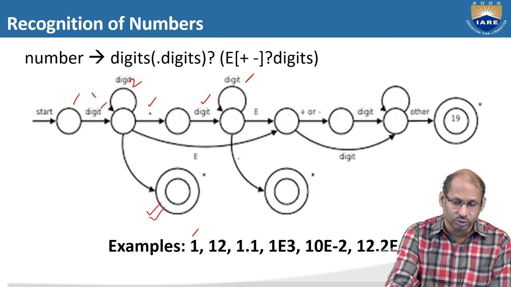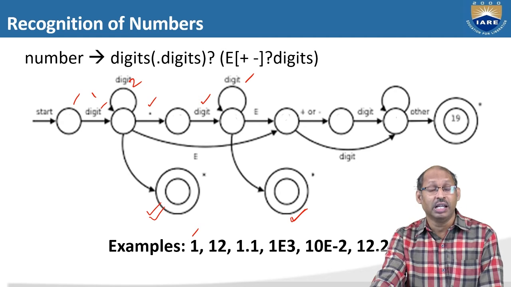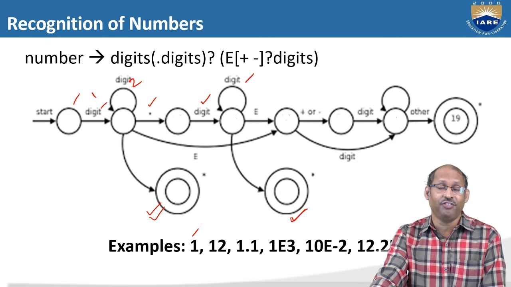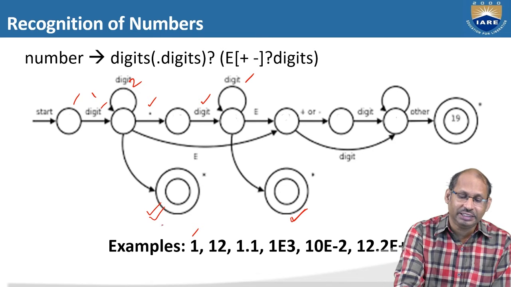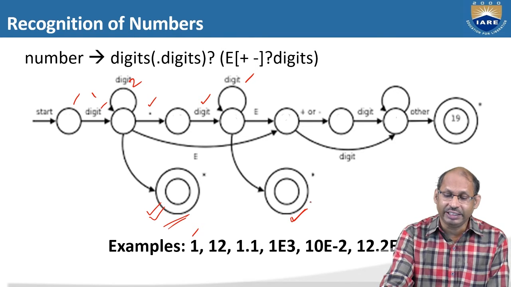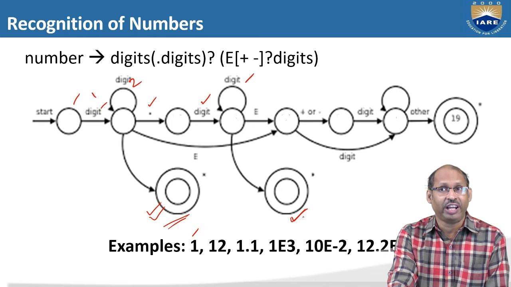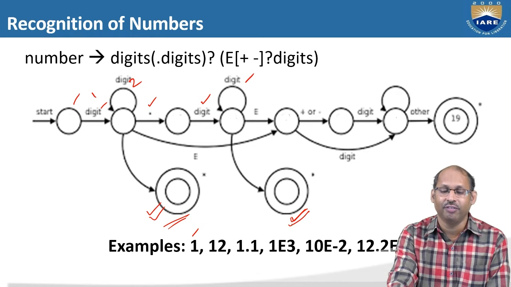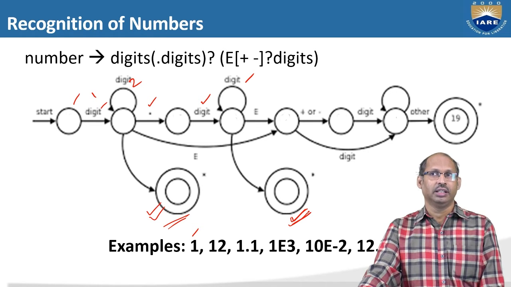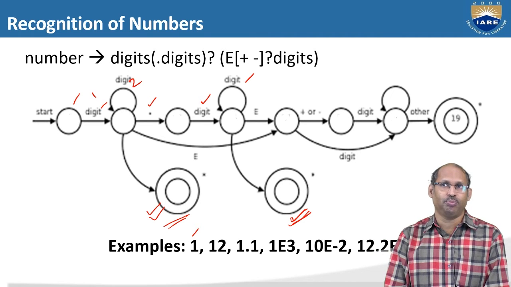Then it goes to this final state and says that it is a number containing digits followed by a fractional part. Only the digits, this is the final state. If it contains a fractional part, then this is the final state. Then it may be followed by an exponent part.